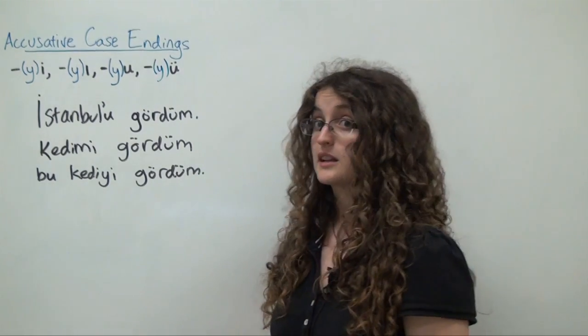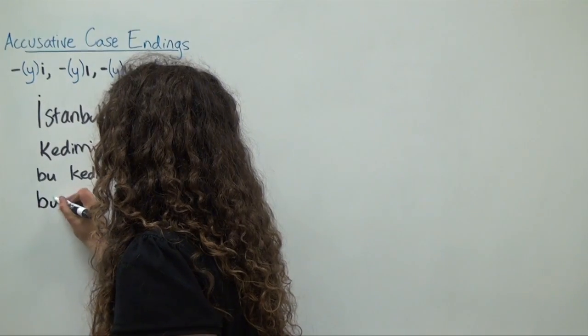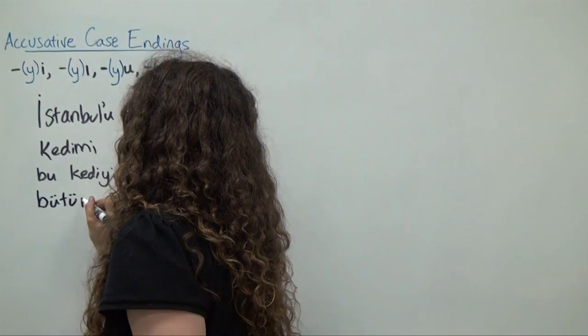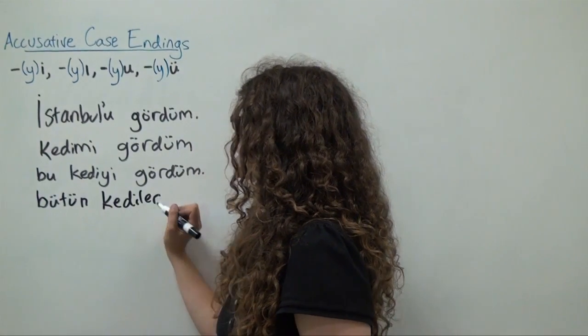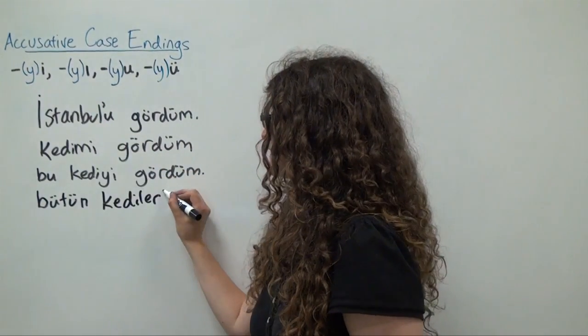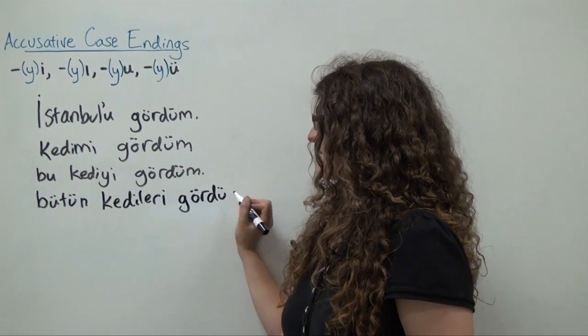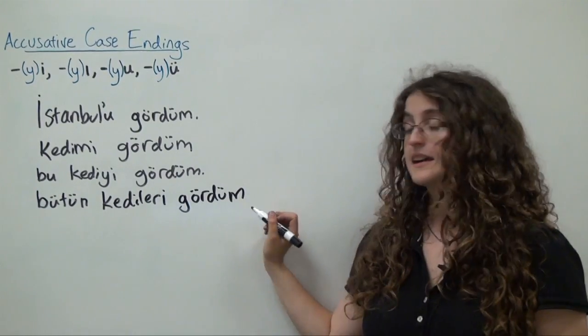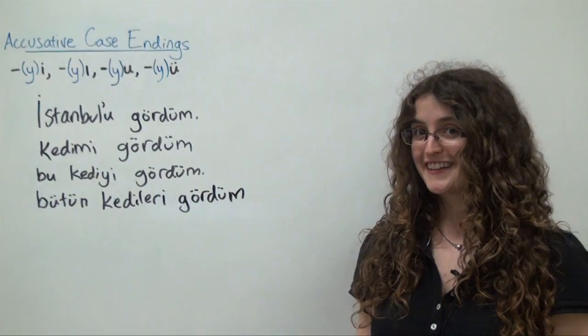That direct object will need an accusative case ending. Let's take a look. Bütün kedileri gördüm. I saw all the cats, with an accusative case ending.